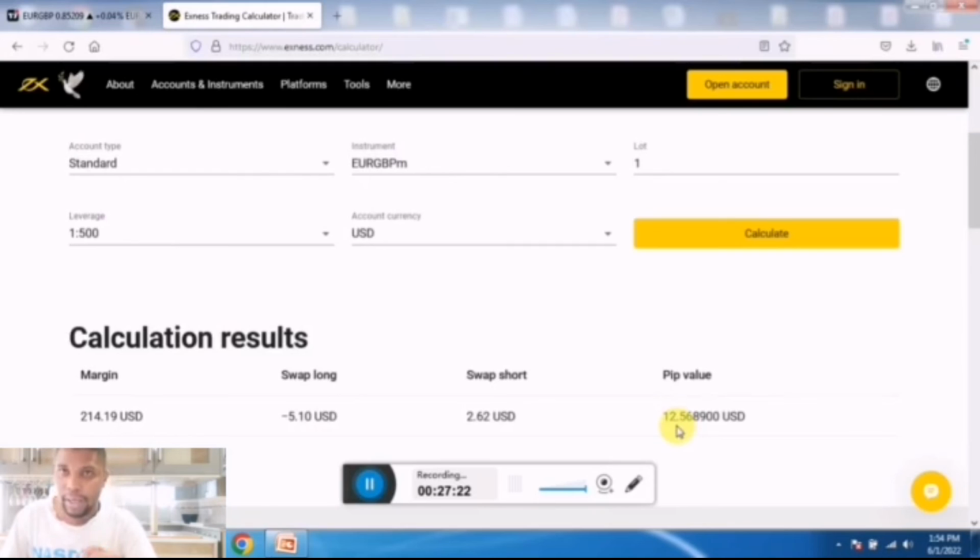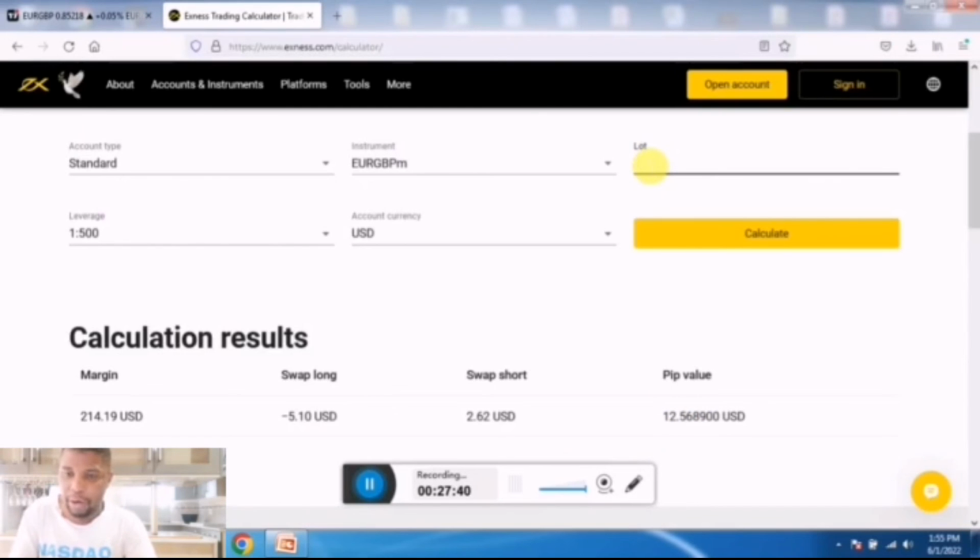But look at Euro GBP, it has a PIP value of 12.5 for a standard lot.